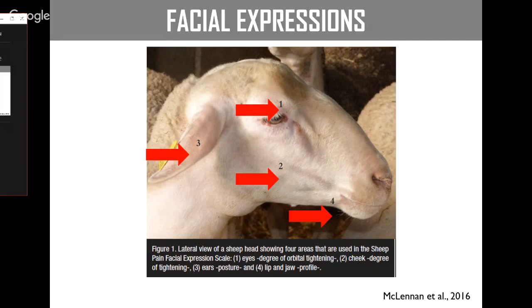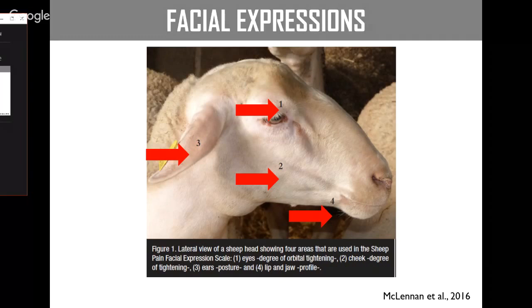The other one, number 2 here, would be the degree of cheek tightening, then the position of the ears, and then finally, number 4, lip and jaw profile. And all of these change depending on the intensity, the severity of pain the animal is experiencing. And this, as I said before, has been validated in the McLennan study using mastitis and foot rot.